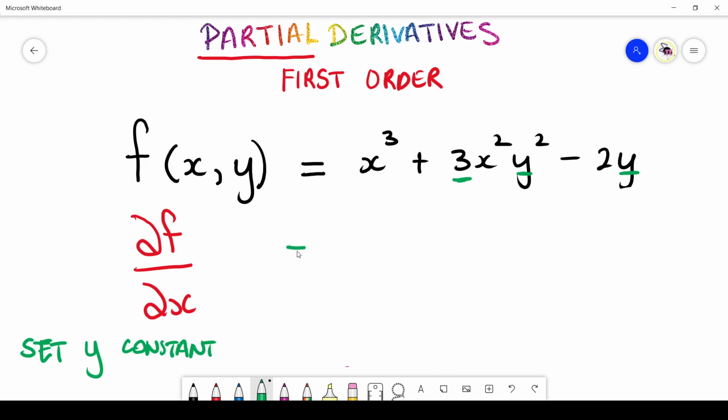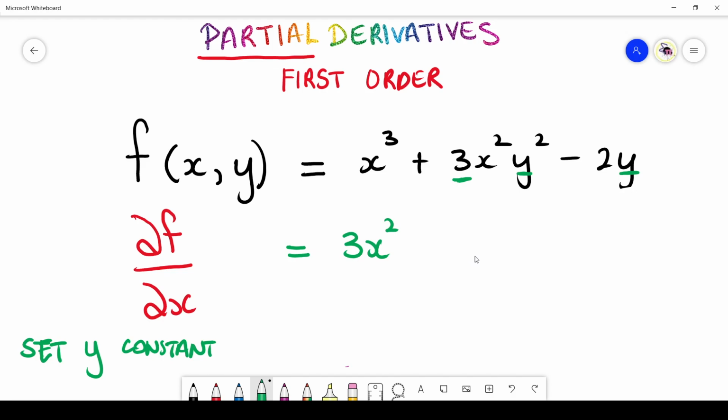So let's go. Now, if you had to differentiate x cubed, where x is considered a variable, that value is simply 3x to the power of 2. Next up, it's very easy to observe 3x squared y squared as a product of two separate functions. But when we're doing partial derivatives, you have to train your mind to see that if you're differentiating with respect to x, y is just a number.